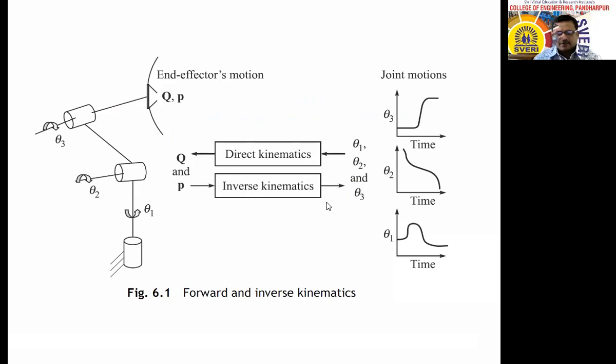Therefore, this is nothing but forward and inverse kinematics. Now, if the joints are moved at angles theta1, theta2 and theta3, the positions of these joints will trace a curve like this, as shown in the figure on the right hand side.